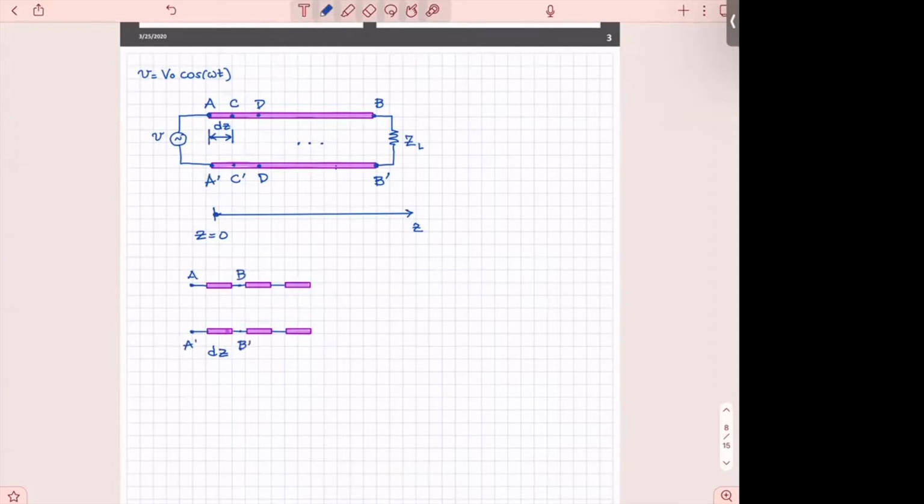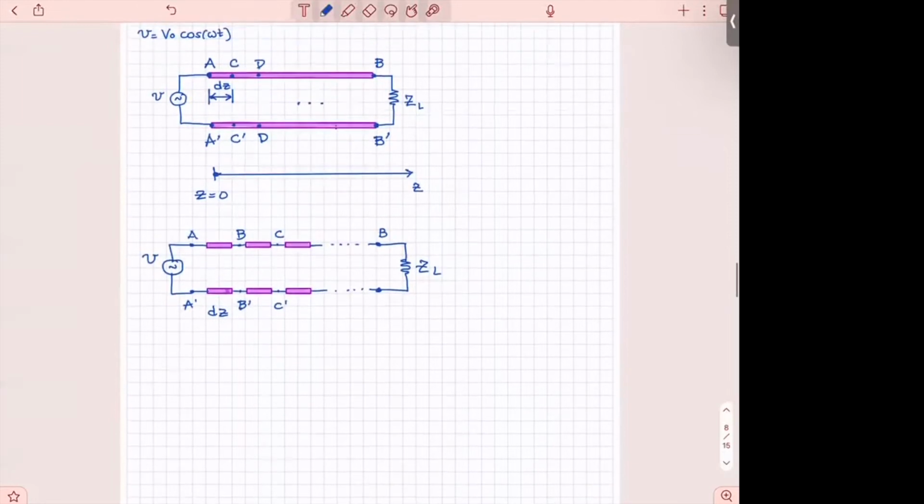Then the new line starts, also dz, and terminates at CC prime, and so forth, and continues until I come to the end of the line, where I connect with the resistance. And you will see why I'm doing that in the beginning of the line, where I connect with the voltage.